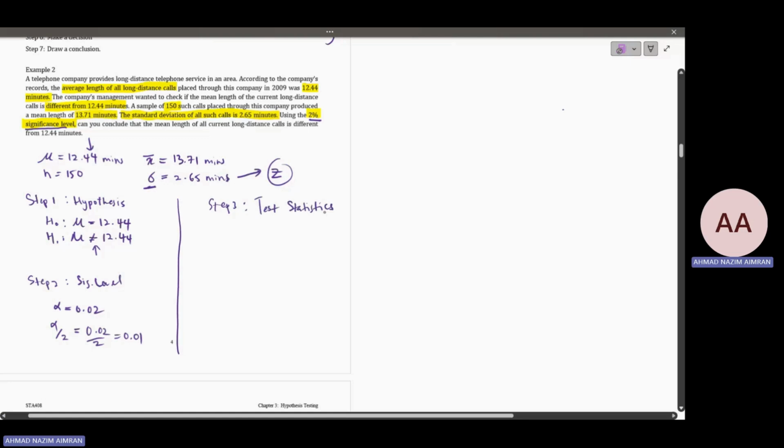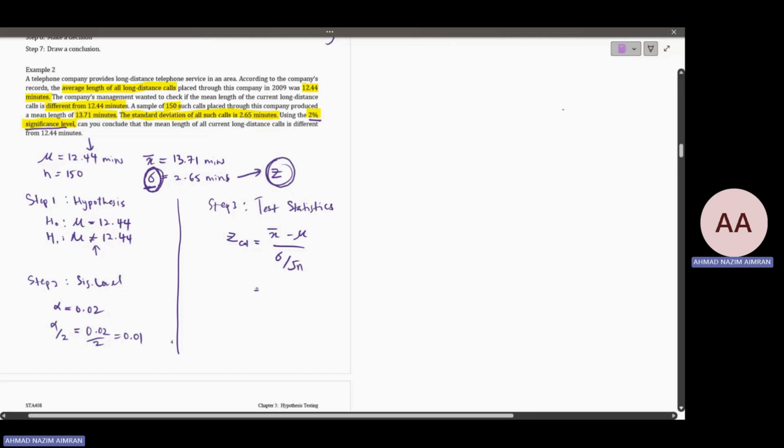Since the standard deviation of the population is given, we know that we need to use the Z calculator. So use Z. Z calculated is equal to X bar minus mu over the standard deviation of the population over square root of n.